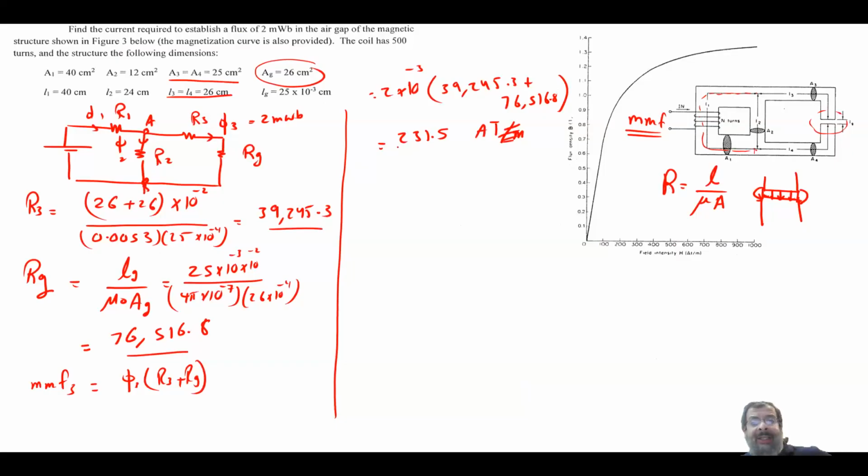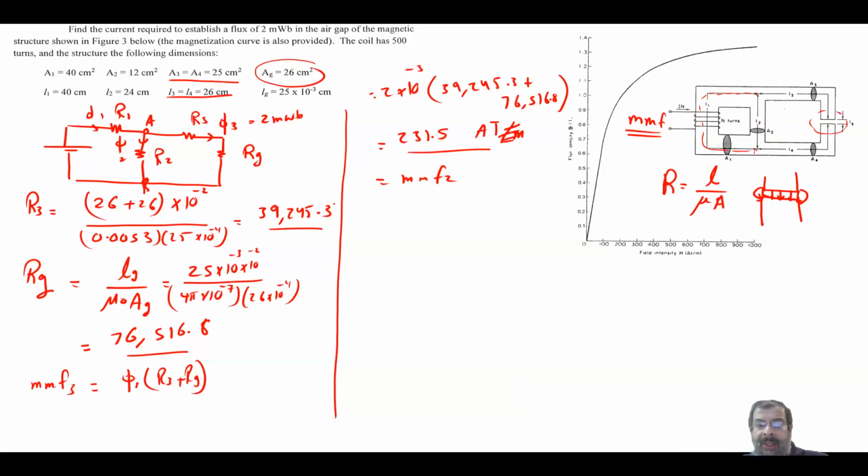231.5. Until here, this is the same as the previous question. Until here, everything is correct. Now, this MMF is equal to MMF2 as well, which is the driving force here.